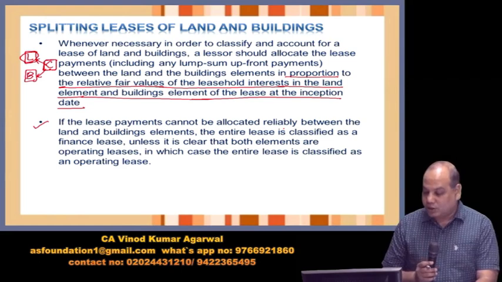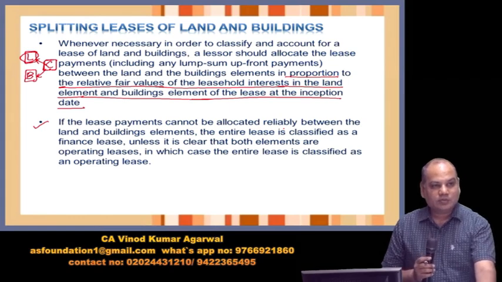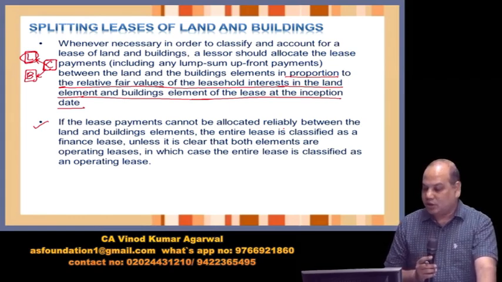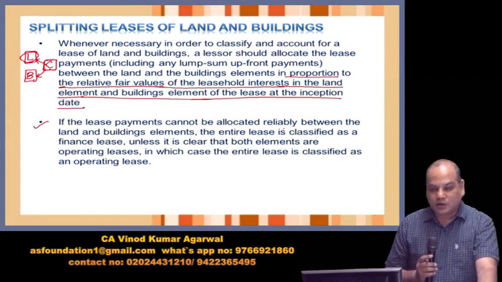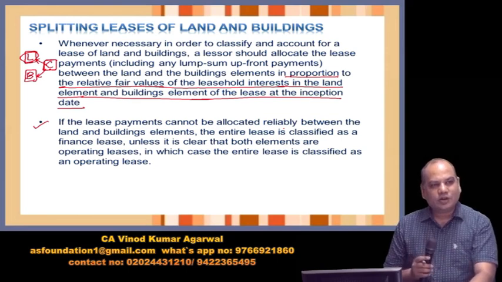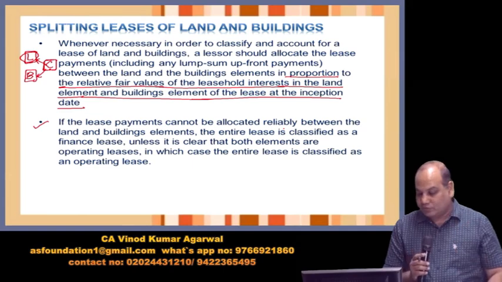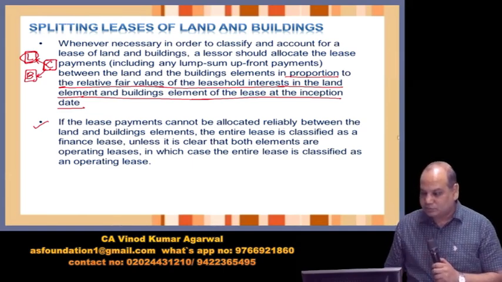If you can't allocate consideration between the land and the building element, then the standard says you treat the entire lease as a finance lease unless it is clear that both elements are operating lease. Now suppose the lease is only for say 3 years, then in that case you can treat both land and building as operating lease, in which case the entire lease is classified as operating lease.